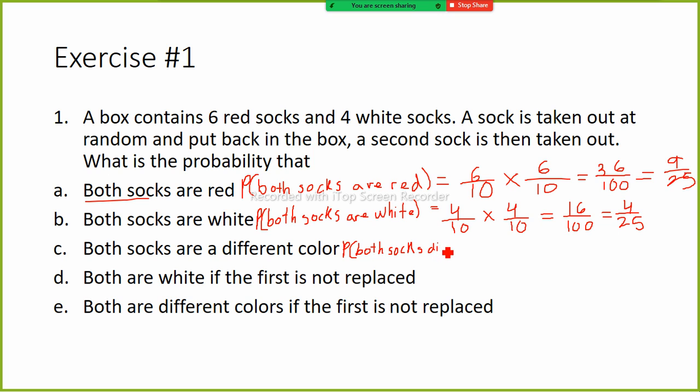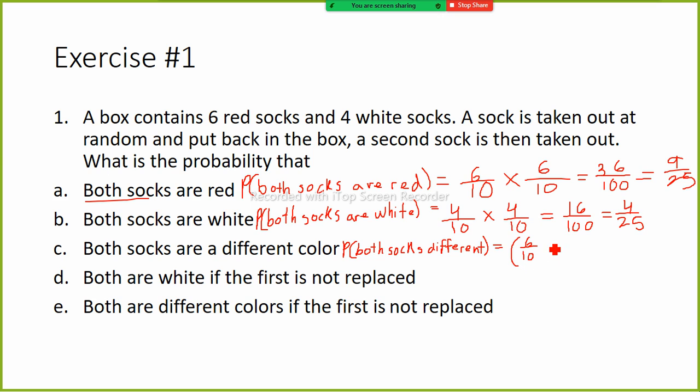How do we do C? Would it be 6/10 times 4/10? 6/10 times 4/10. Okay. That is very good because 6/10 is going to be that we get what? A red, right?